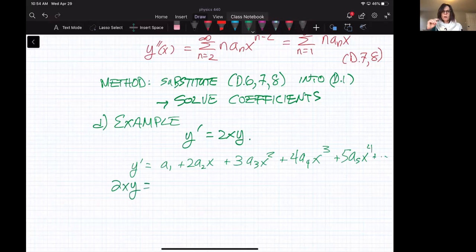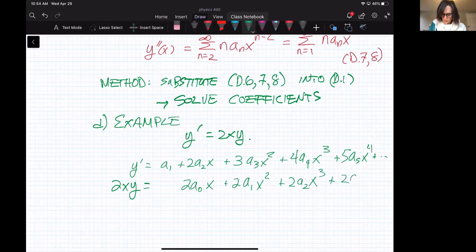2xy is going to be 2 times x times that original series, namely, I'm going to write this suggestively as 2a naught x plus 2a1 x squared plus 2a2 x cubed plus 2a3 x to the fourth.